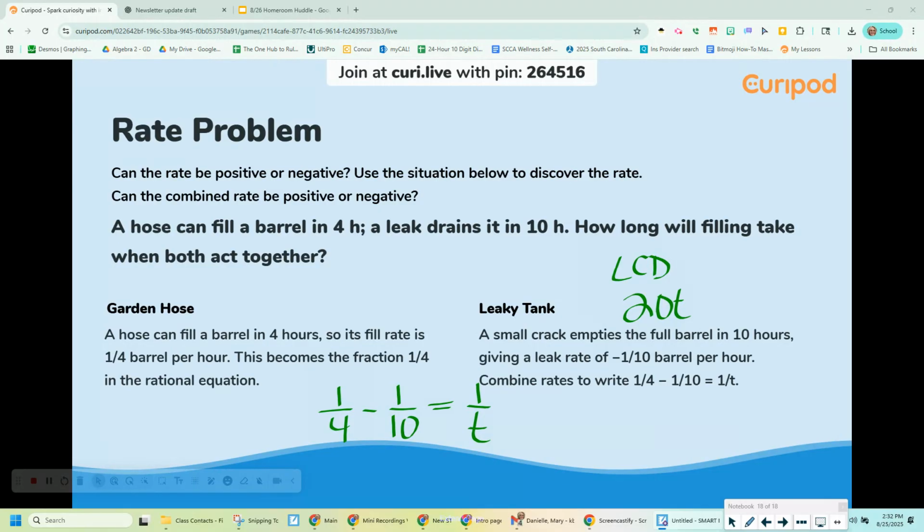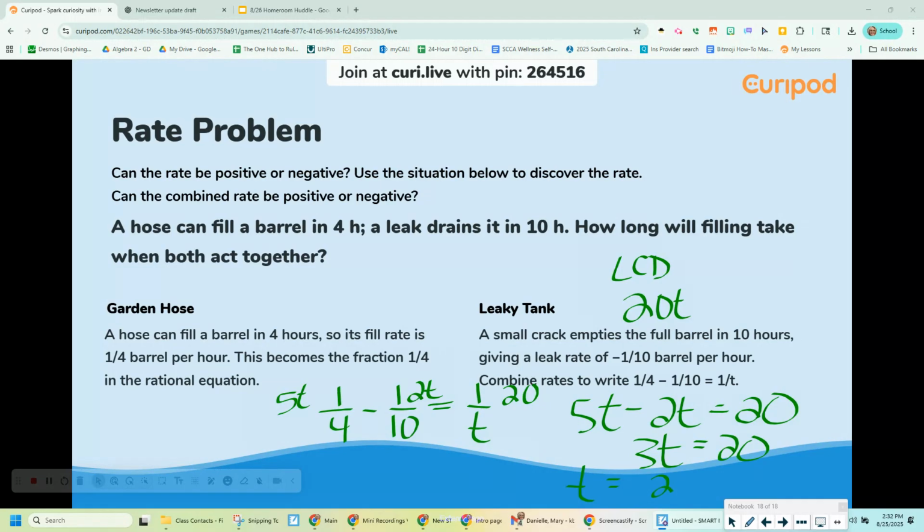So I'm going to multiply this one by 5t, this one by 2t, and this one by 20. So that's going to give me 5t minus 2t equals 20, or 3t equals 20, or t equals 20 over 3, which is approximately 6 2/3 hours.